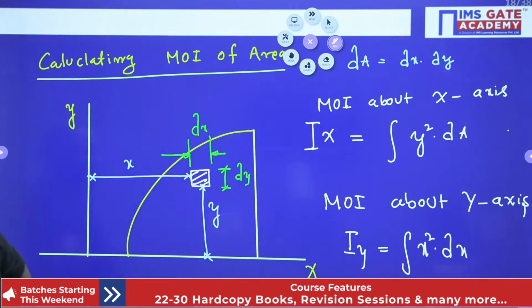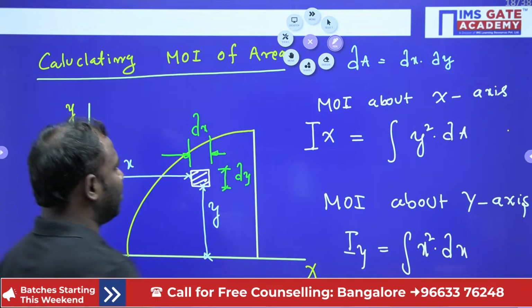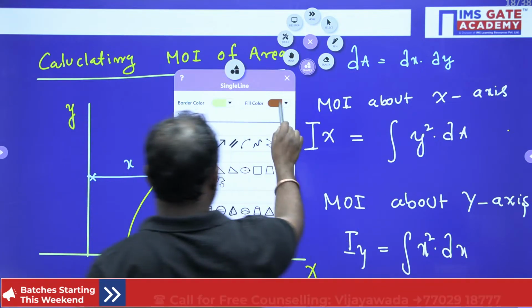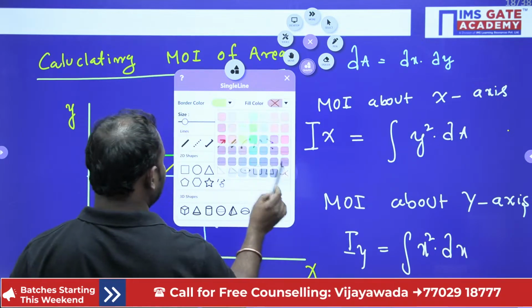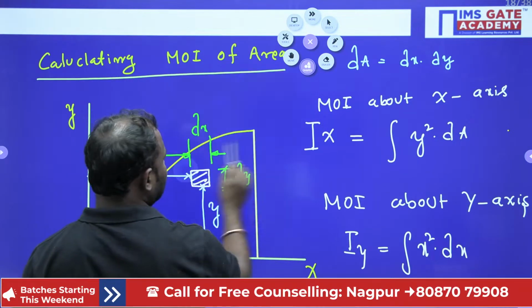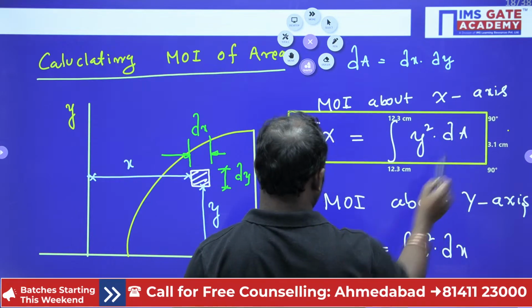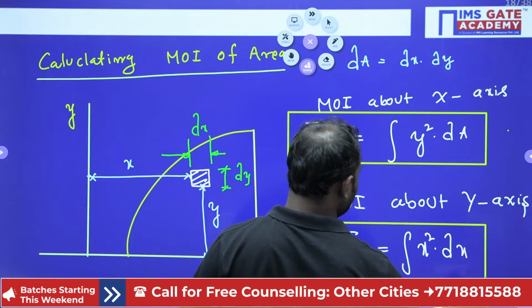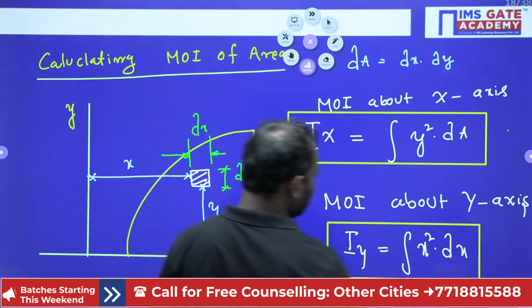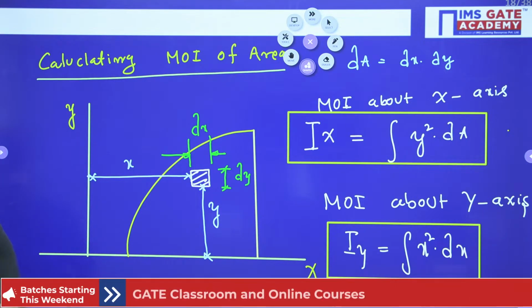So this is how you need to calculate that. So this tries to resist the bending moment, right? I will just show you that. Alright guys, like that we can calculate the moment of inertia of a particular shape.